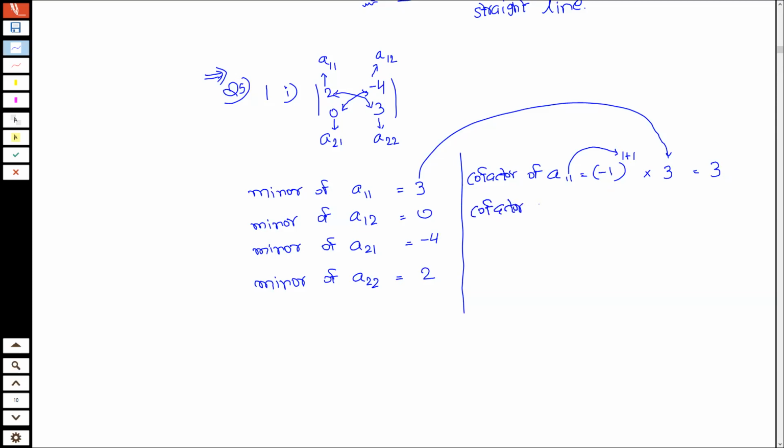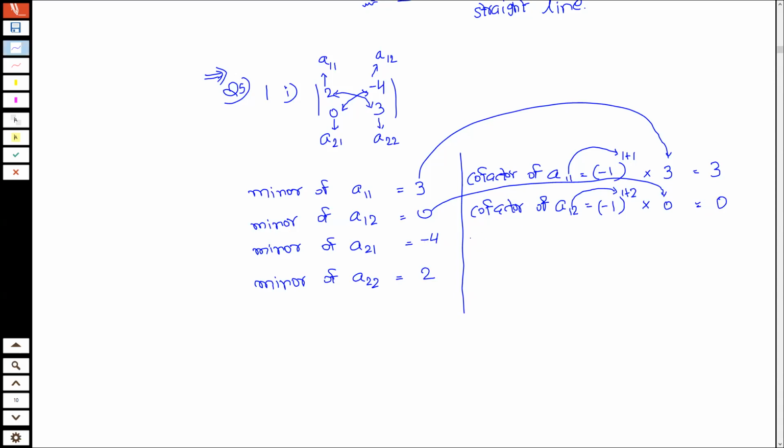So I will write cofactor of A12 is -1 ka power 1 plus 2. Now look here, 1 plus 2 is 3, odd number. So this is -1. -1 raised to odd number is -1 into element was 0. So anyway, 0 को साइन की जरूरत नहीं है, अगर कोई दूसरा नंबर होता तो साइन चेंज हो जाती. Okay, so you can write just 0.